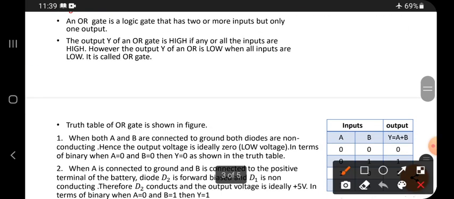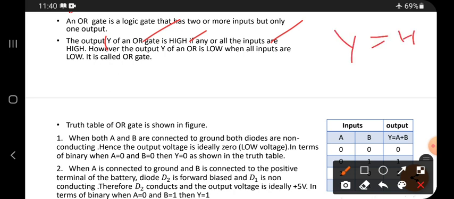The output Y of an OR gate is high if any or all of the inputs are high.